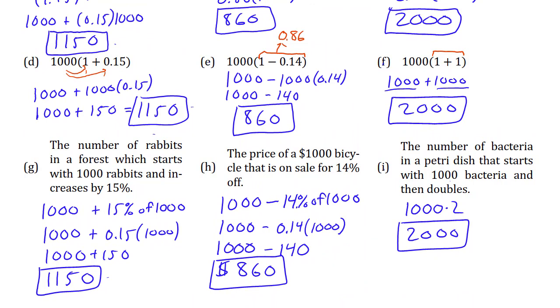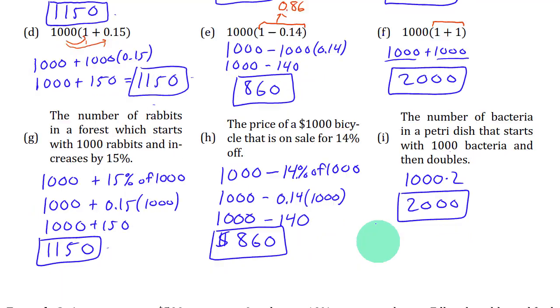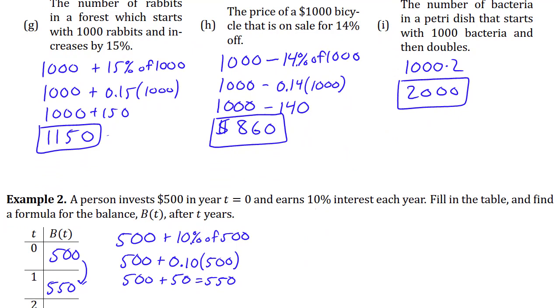What if instead of writing it as the original amount plus the percentage, we write this as 500 times 1 plus 0.10?